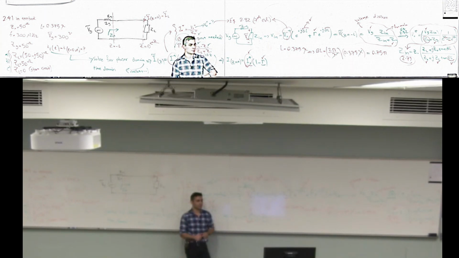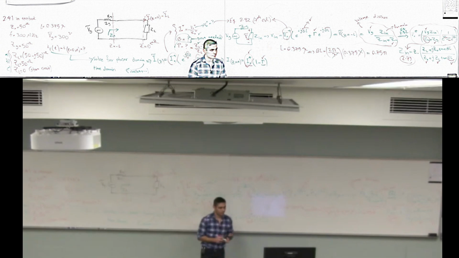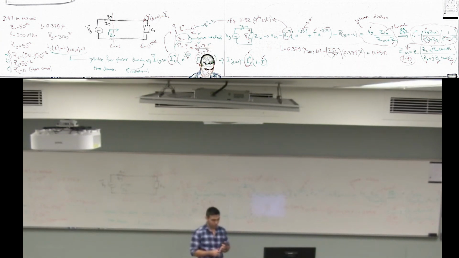Couldn't we just find the wavelength, since we have the frequency and the length? For the wavelength, you need the phase velocity.